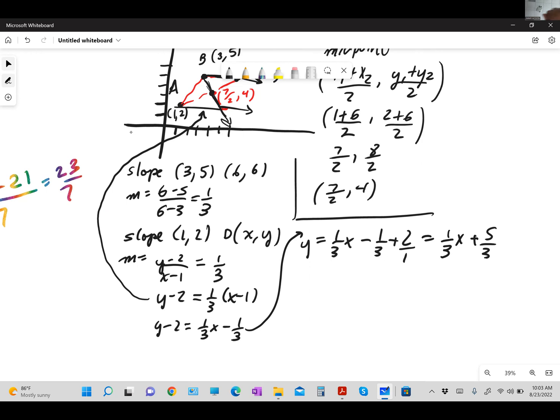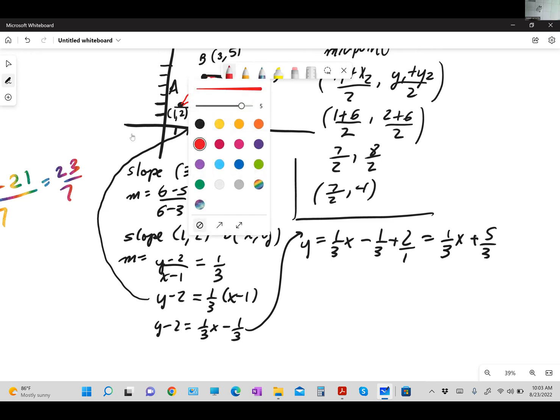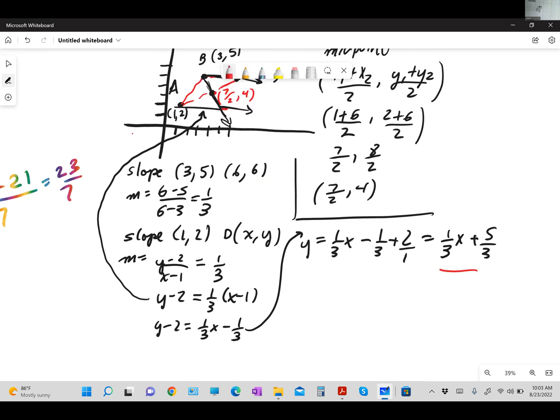So that's this guy here. And now I'm going to go ahead and do this in red because up there it's in red. I'm going to take B, 3, 5, take the midpoint, 7 over 2, 4. And then I'm going to do the slope for that.